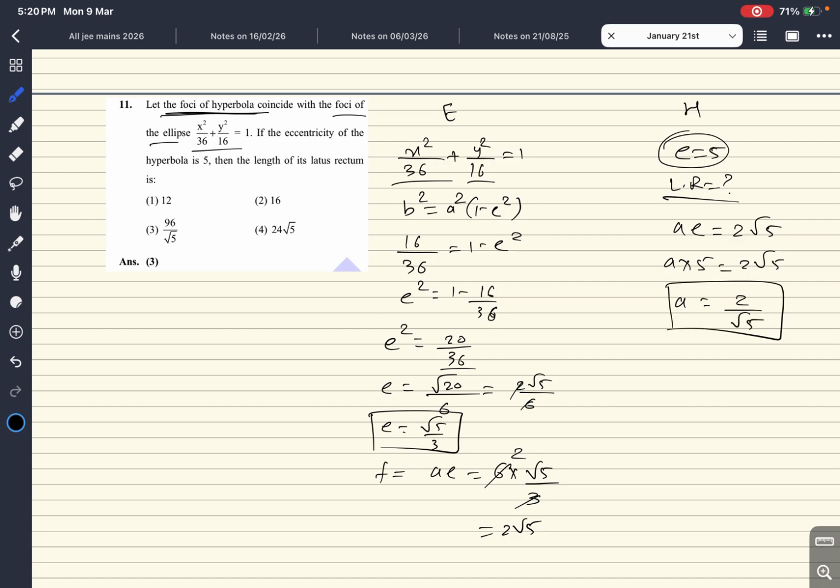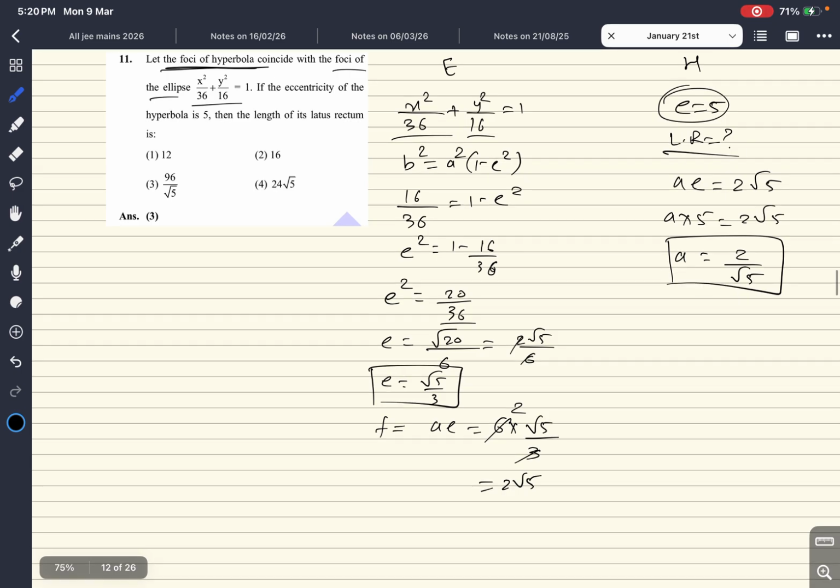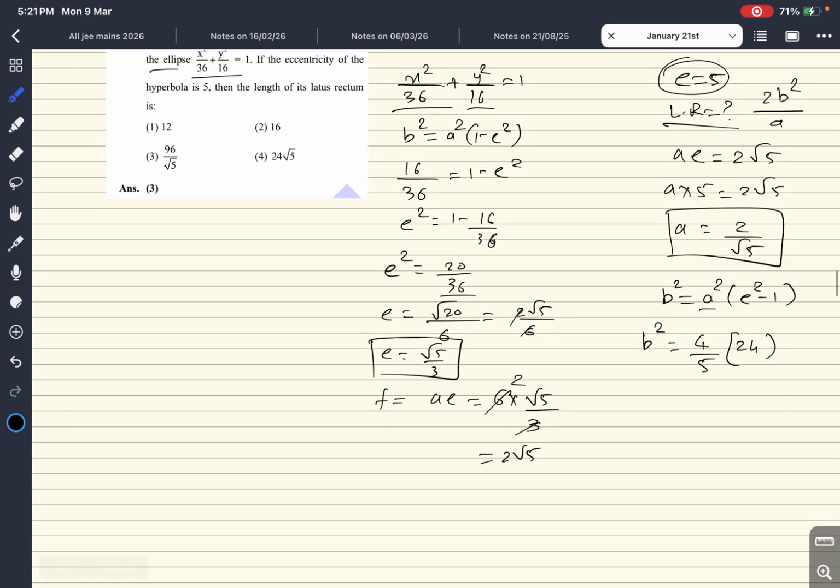Okay, if you get the value of a, the length of latus rectum formula is 2b square by a. So you can use here the hyperbola equation. The relation between e, a and b is nothing but what? B square is equal to a square into (e square minus 1), correct? So put the value. We have a, we have e, you just generate the b. So b square is equal to a square, if I put 4 by 5, into 25 minus 1, which is 24.